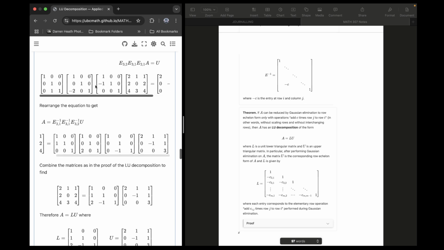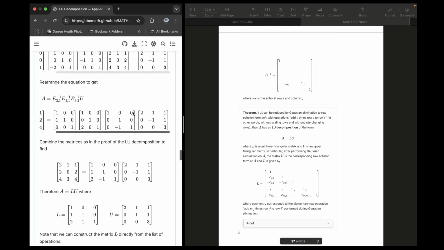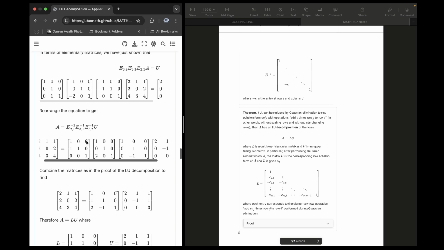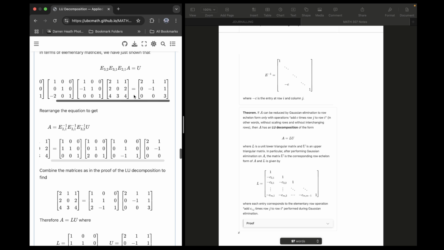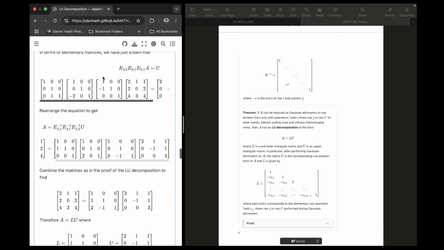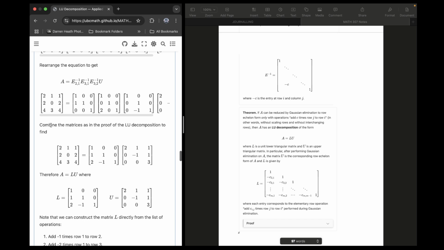Oh, so we multiply A by the row operations to get a U. Then we multiply that U by these, which are inverses, I'm assuming, of the row operation matrices.